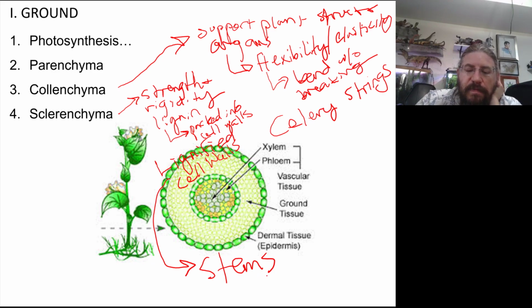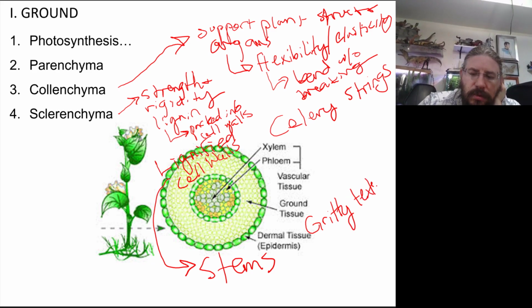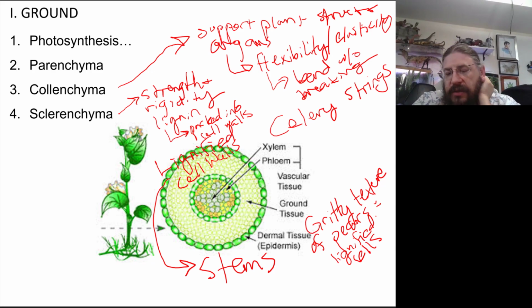So, why does a pear taste kind of gritty? Lignin. The gritty texture of pears is lignification, lignified cells. And then also pits.